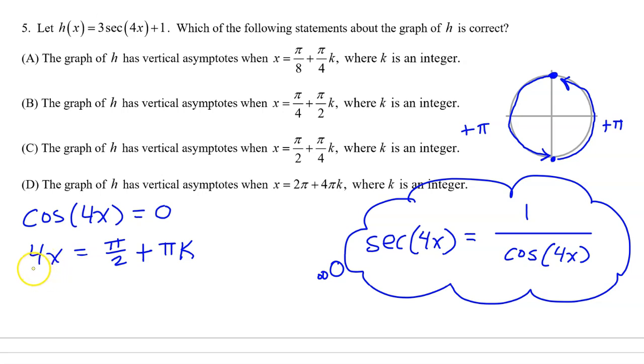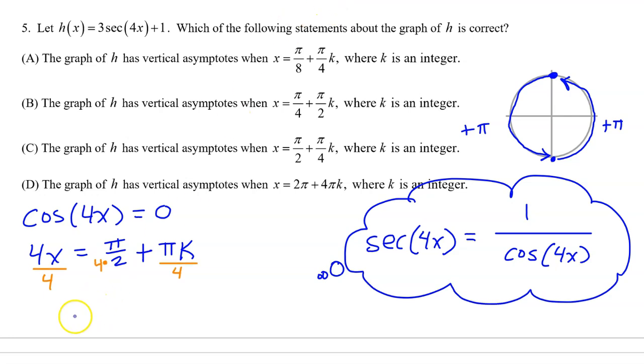We can isolate the x by dividing both sides of the equation by 4. When you divide pi over 2 by 4, you're going to get the extra 4 in the denominator like this. When I divide this by 4, it'll just be pi over 4k.